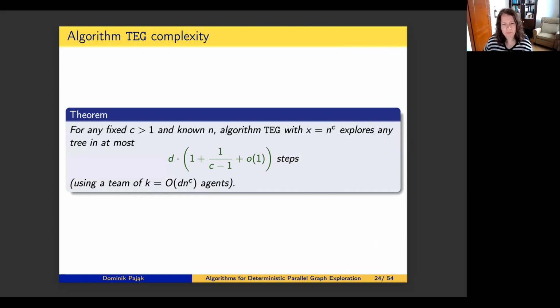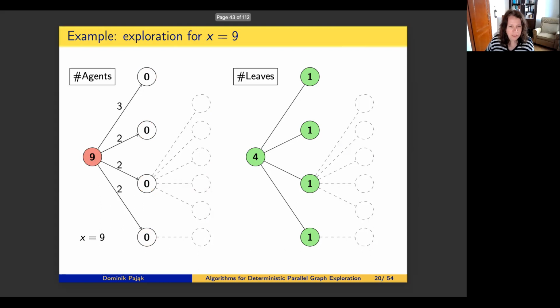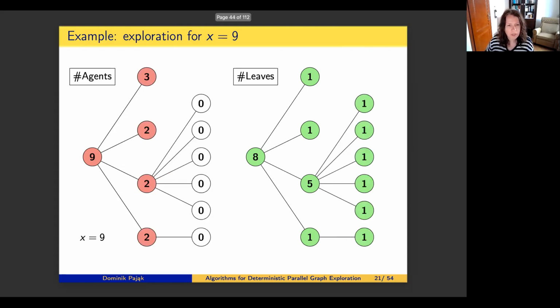Sorry, I didn't get it. For example, in this slide, we have 9 in one wave, then we split them. Could you go back one slide? Yeah, so now I divide it equally because I don't know. And now I see that the third from the top has a larger degree, so I need more agents there.